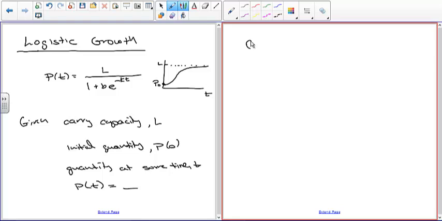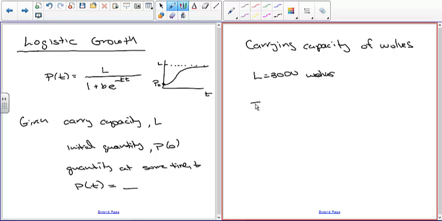So let's say the carrying capacity, and I'm going to say it's wolves in some ecosystem. So let's say the carrying capacity is 3,000 wolves. And the initial quantity, so P of 0 equals, say, 250.